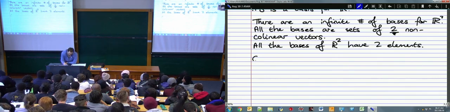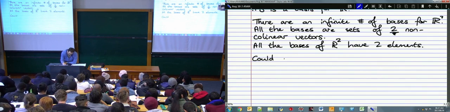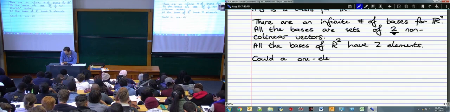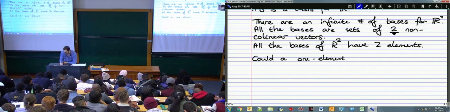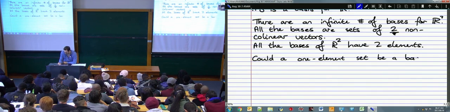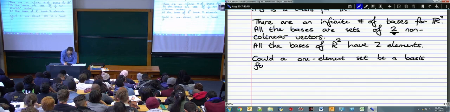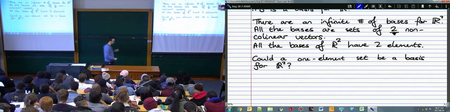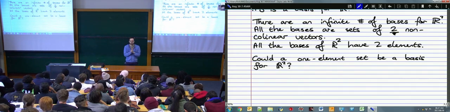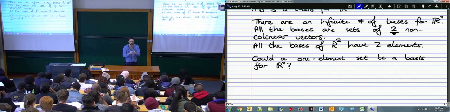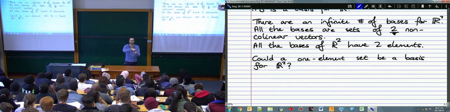Okay, so could a one element set be a basis of R2? And we said no, right? A one element set, if you think about what just one vector generates, it just generates a straight line pointing in this direction.